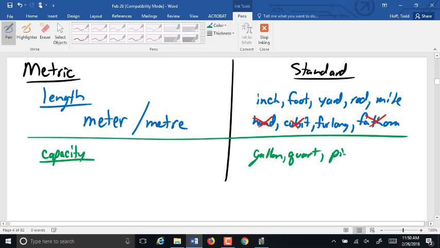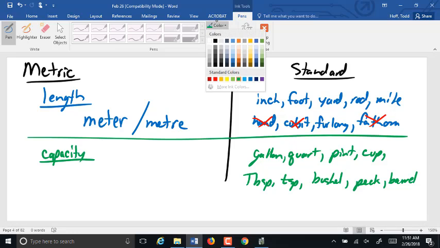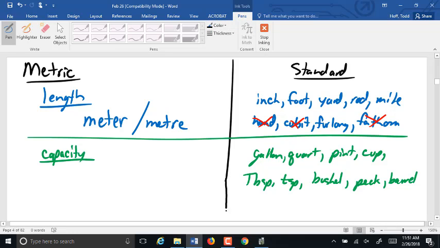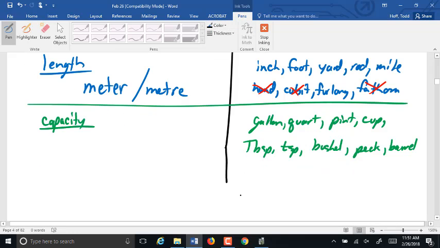The pint, the cup, tablespoon, teaspoon, bushel, peck, a barrel, even the pinch, dash. There's all sorts of units of capacity that have been used.